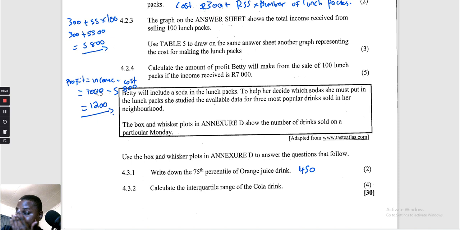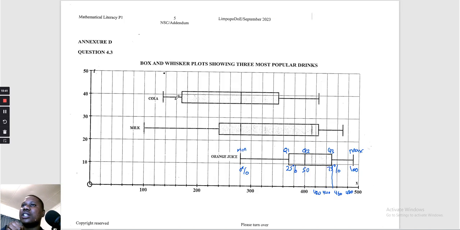Then they say 4.3.2, calculate the interquartile range for the cola drink. IQR, we know that is Q3 minus Q1. So let's look for those quartiles for this one. Let's look at quartile number 3 first. Quartile number 3 is here, and then quartile number 1 is here. We can see that it is exactly in between here.